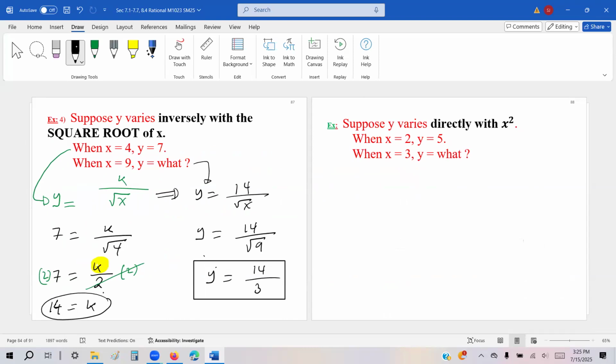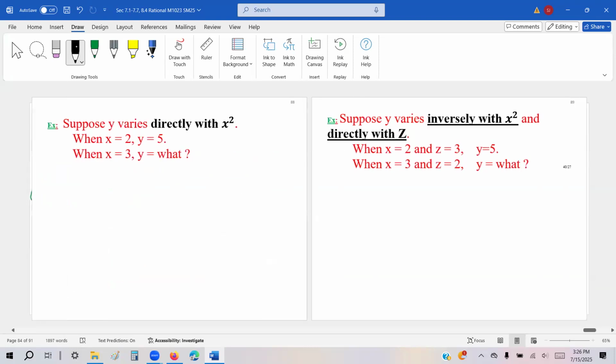What time is it, 3:25? Let me put that one check.